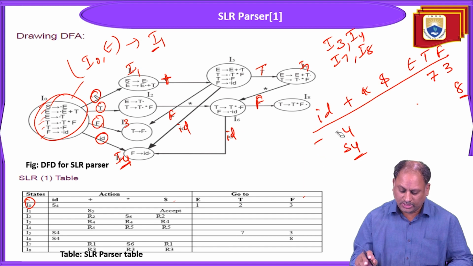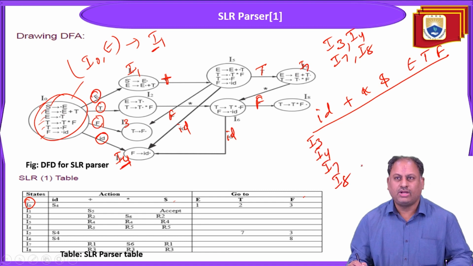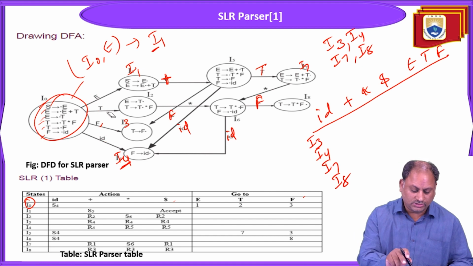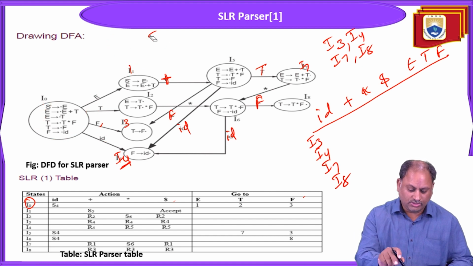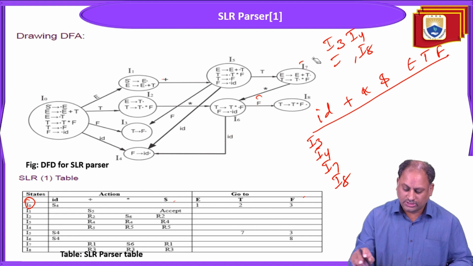The last remaining states are I3, I4, I7, and I8. I3 and I4 are the reducing states. Why? Because here we have to list out the rules with some numbers. What are the rules which are available in the given I0?